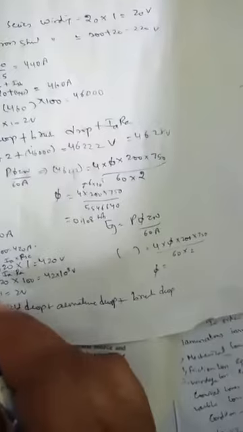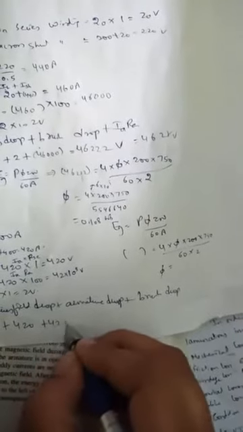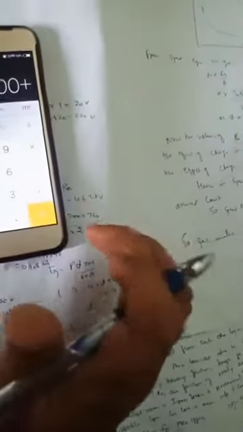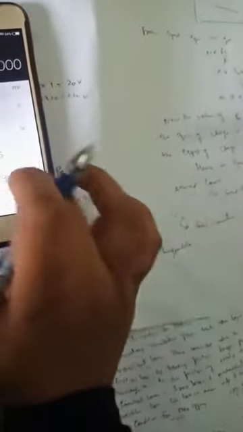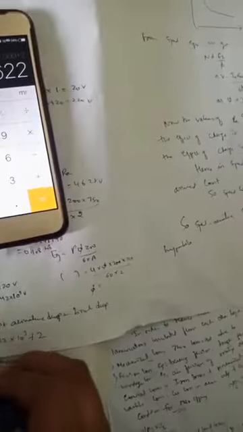Series field drop we got as 420, armature drop is 42 into 10 power 3 and brush drop is 2. So when you add all this, 200 plus 420 plus 2, that is 42622 volts. So this is EG we have calculated.